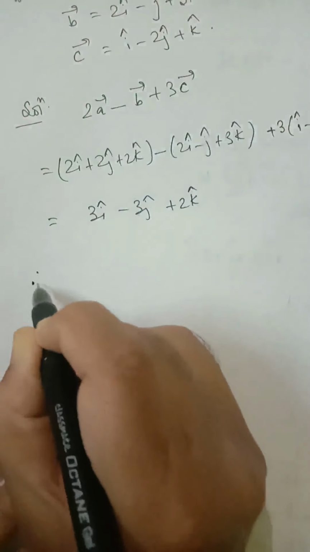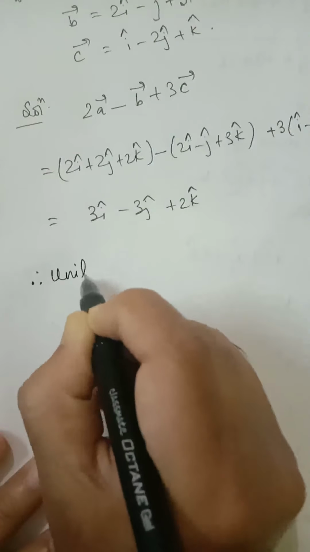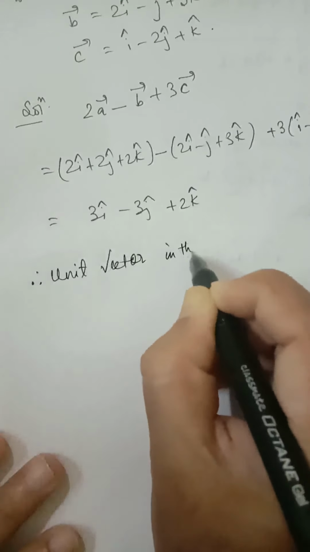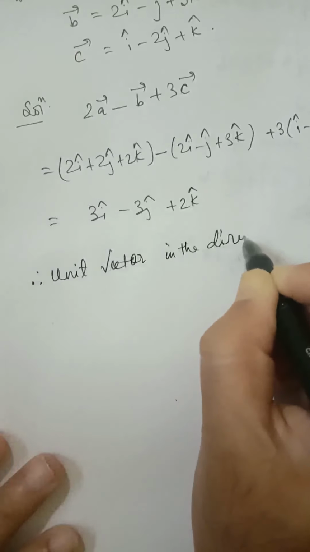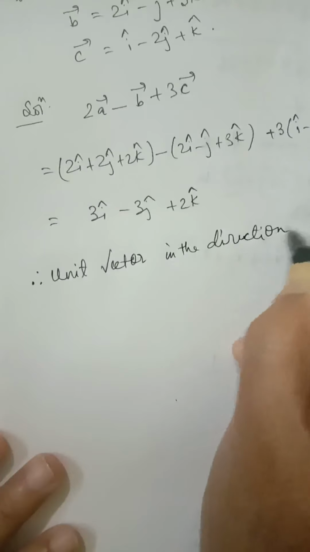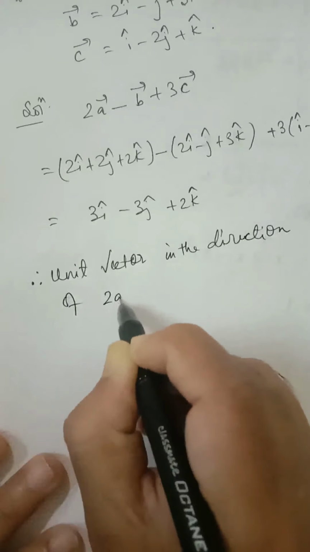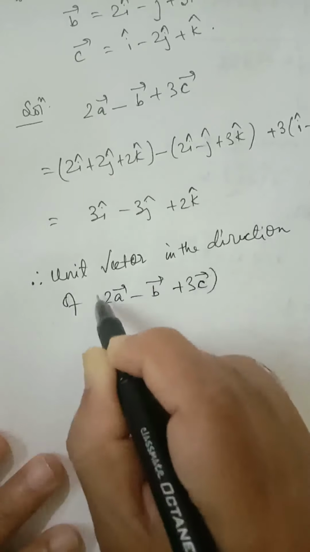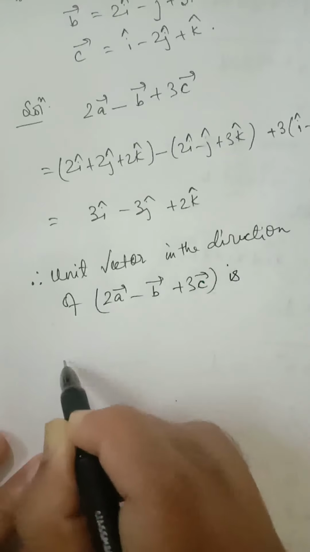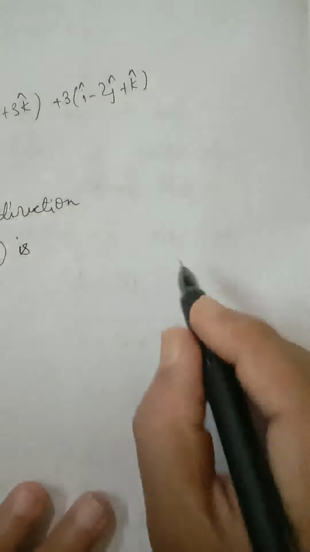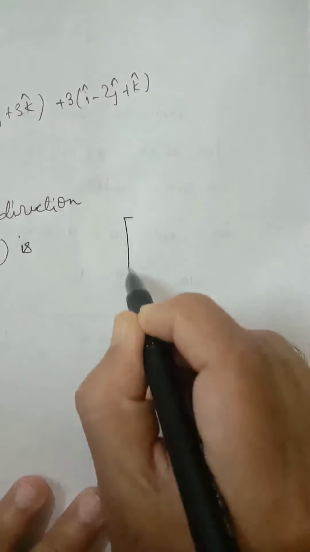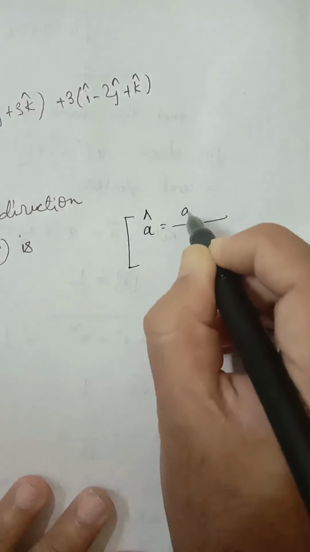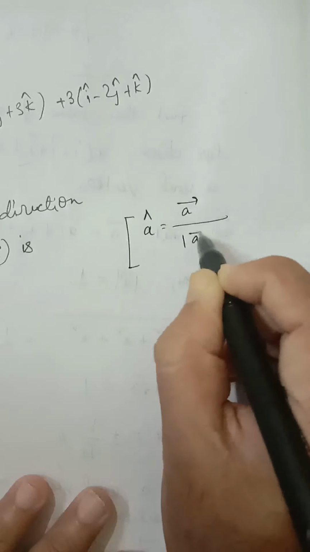So we'll write it this way: the unit vector in the direction of 2a vector minus b vector plus 3c vector. We know the unit vector in the direction of a vector, that is a cap, is equal to a vector by modulus of a vector.